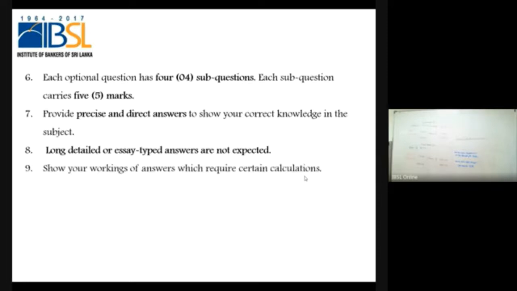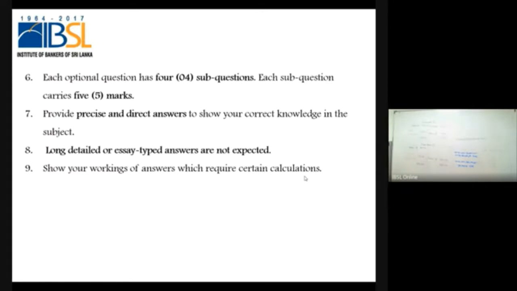It is also required that you need to show your workings for all the answers, and that needs to be in your answer book. You can't write it on the question paper or maybe some other piece of paper that you may have and attach it to the answer book. You can't do that. There had been instances, because why I am telling all this is these are some mistakes that the candidates do.